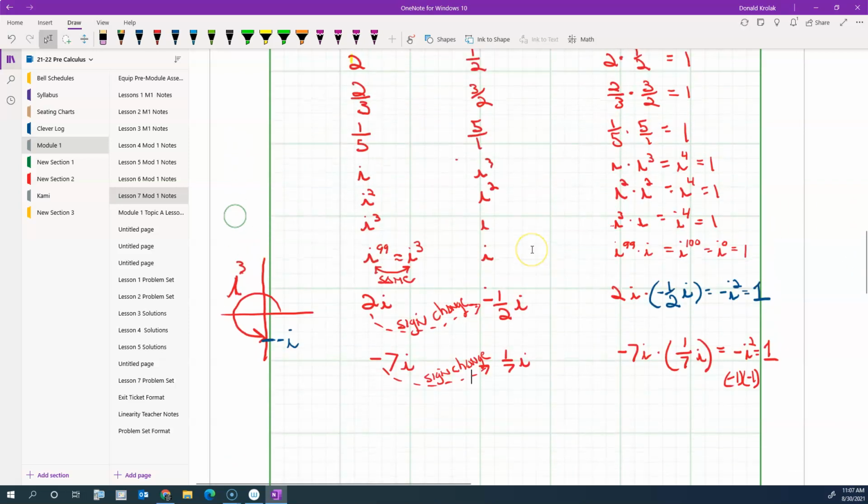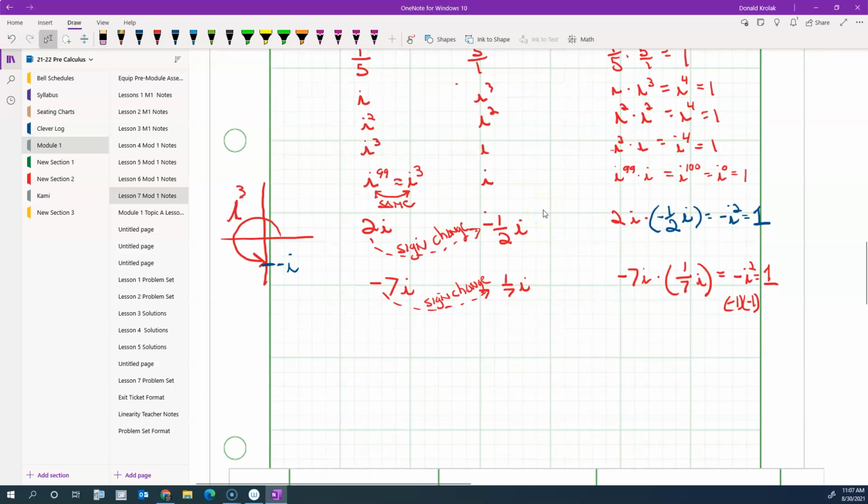Now that only happened when you had a coefficient there. Okay, you had to change the sign. All right, now we did this the other day in class.